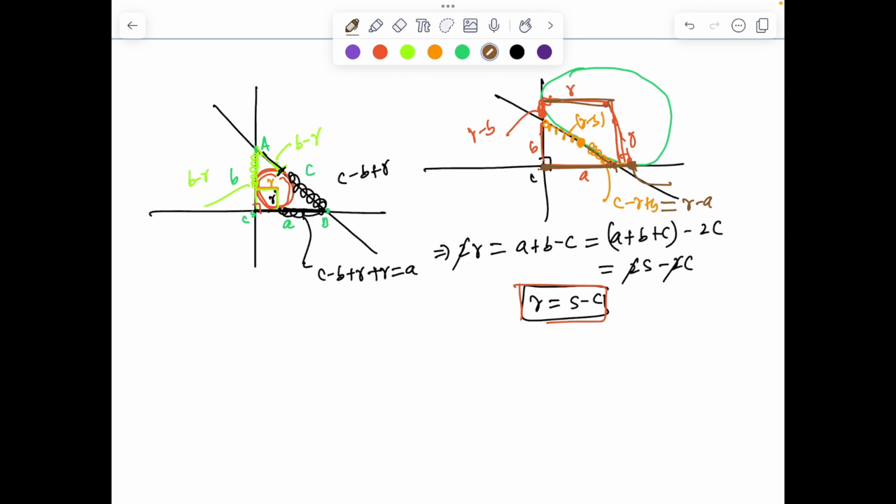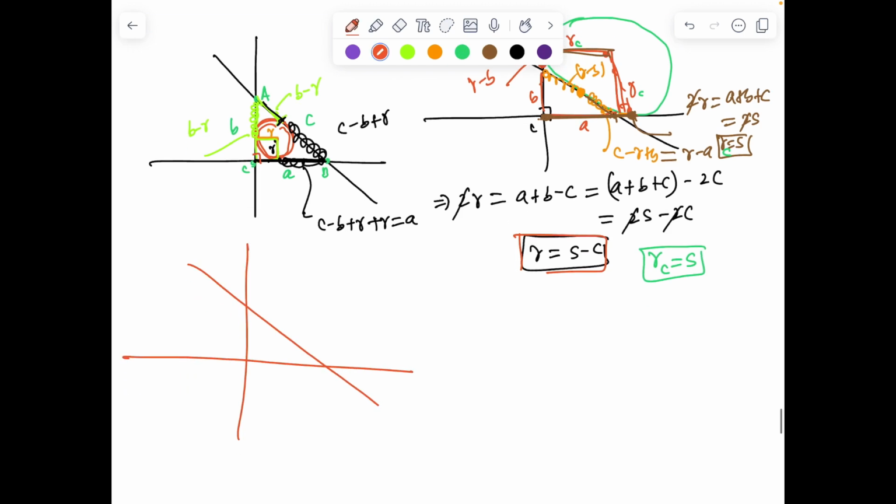So this quantity must be r minus A, and that gives 2r equals A plus B plus C. And that's interesting because A plus B plus C is semi-perimeter, hence r is semi-perimeter. Which means in this case the radius corresponding to C, so RC is nothing but semi-perimeter. So we have RC equals semi-perimeter.